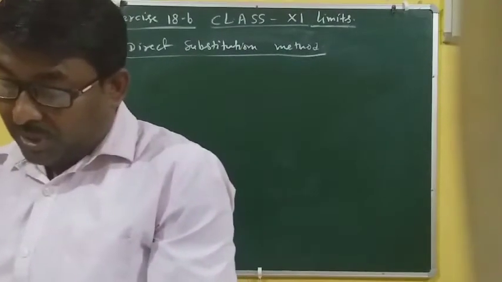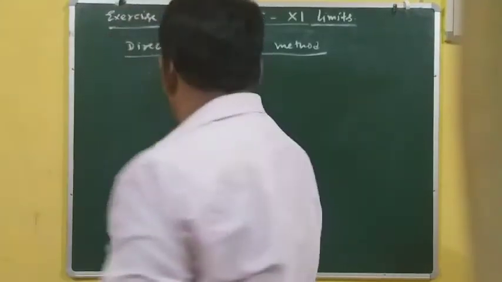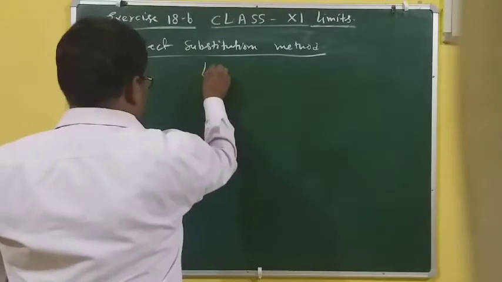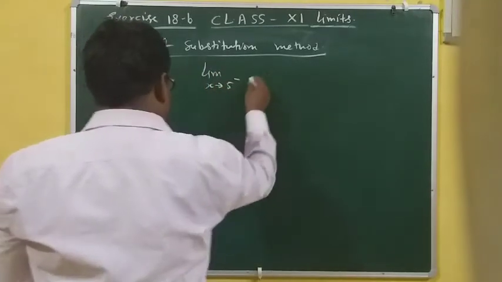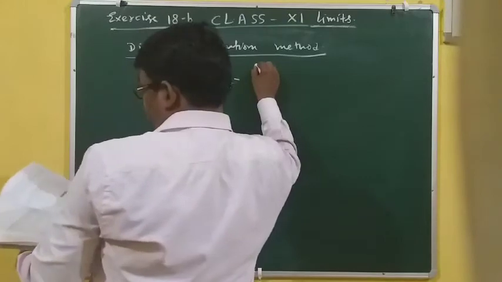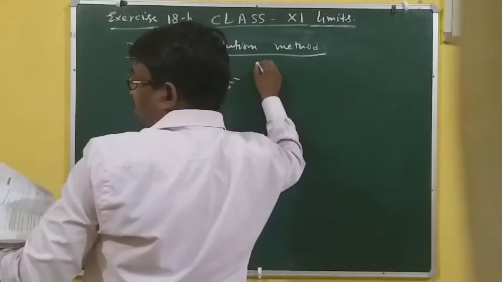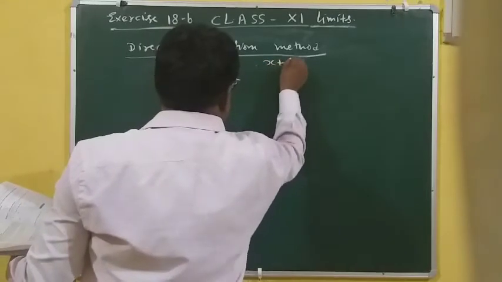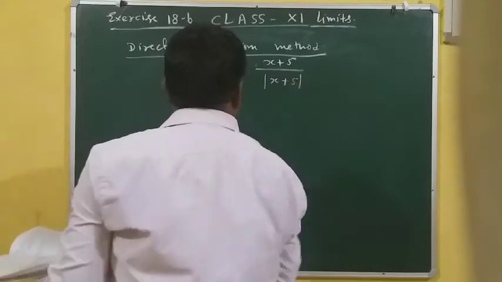Now some other questions, like limit as x tends to 5 minus of (x plus 5) upon mod (x plus 5).